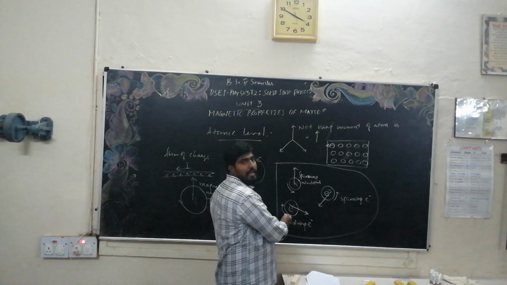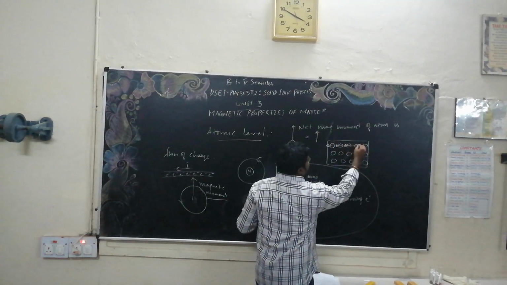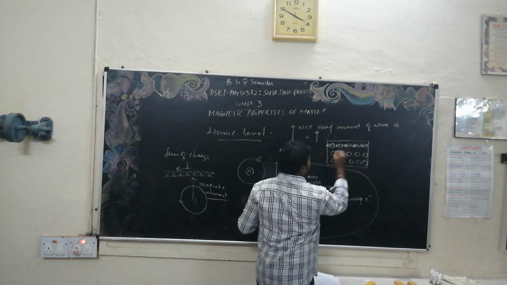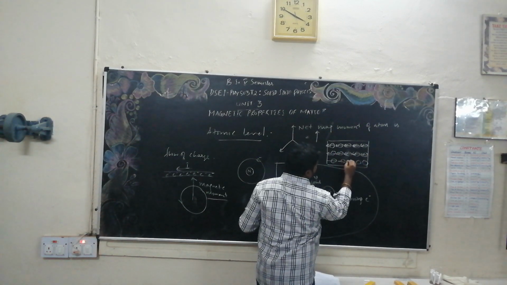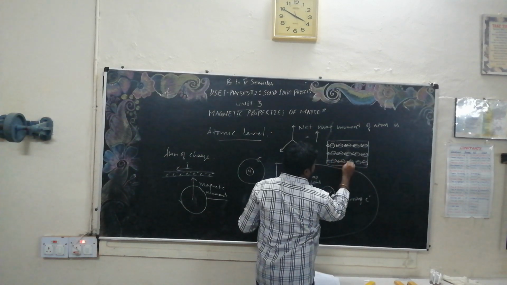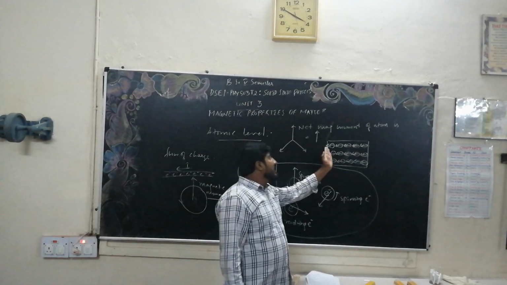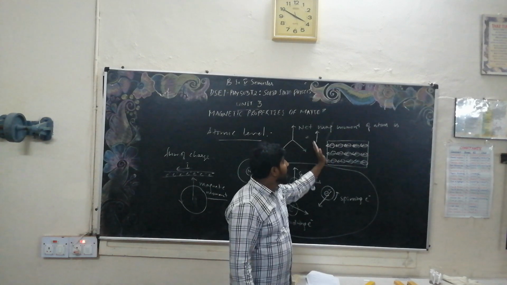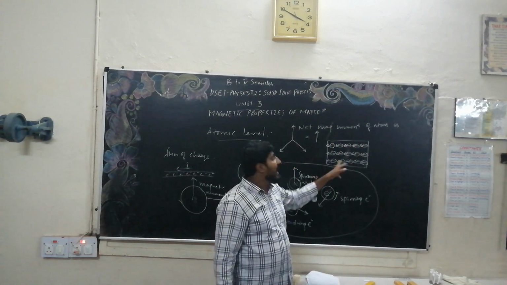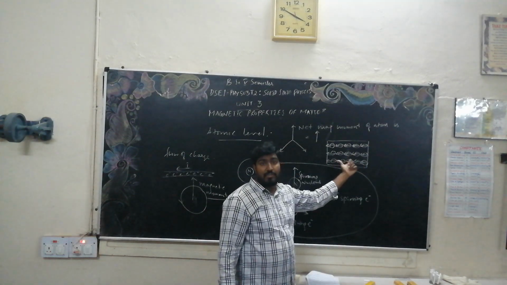In the same way, as I have explained, the individual atom can have the magnetic moment in this direction. Just observe, not only one atom is directing the magnetic moment in this direction, the overall system has the magnetic moment only in one direction.